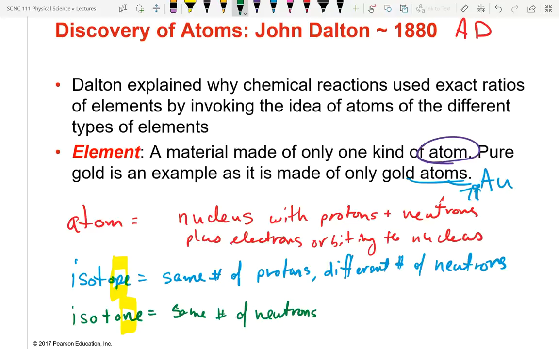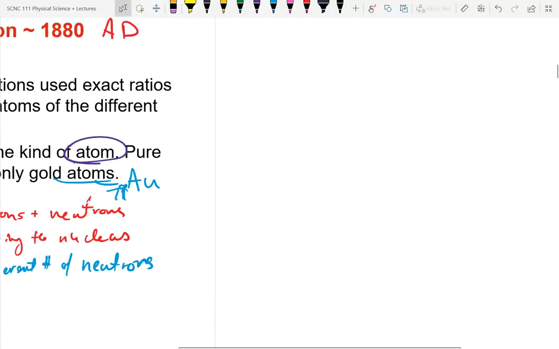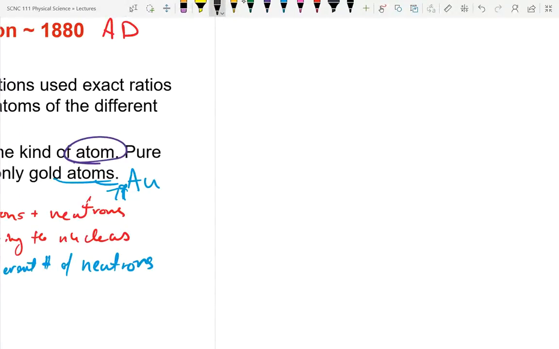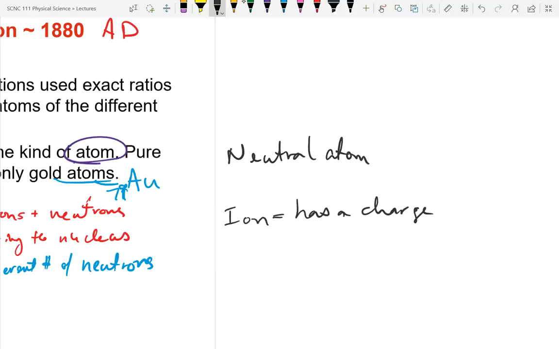Now, we've already talked about the word ion. What does an ion mean? It has a charge. A neutral atom, if it's neutral, what's the relationship between the number of protons and the number of electrons?